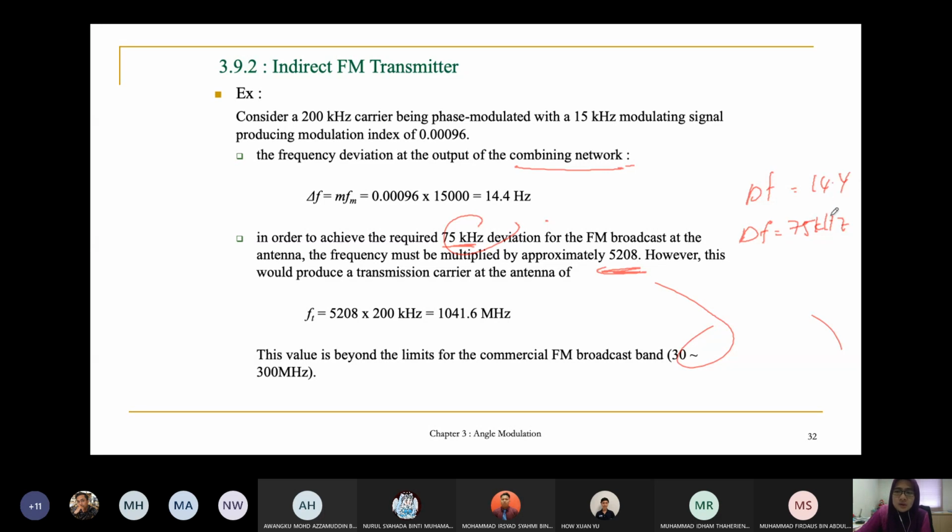So how can we increase from 14.4 hertz to 75 kilohertz? 75k divided by 14.4, you will get 5208. So basically you need to multiply by 5208 in order to achieve 75 kilohertz at the antenna.